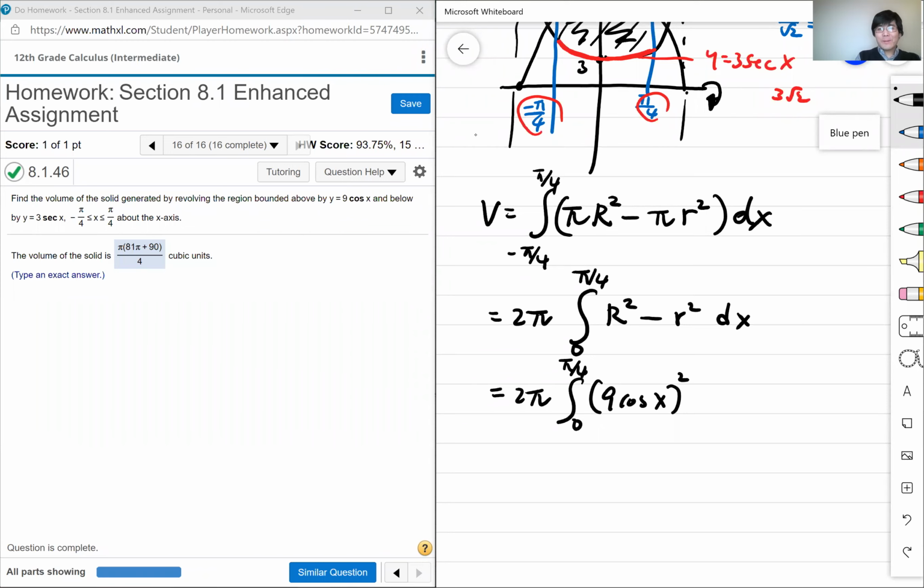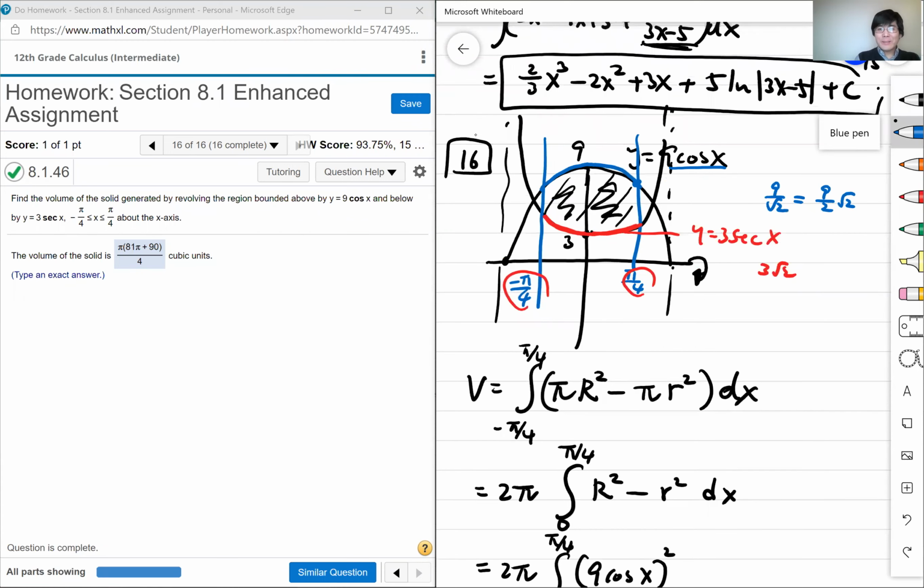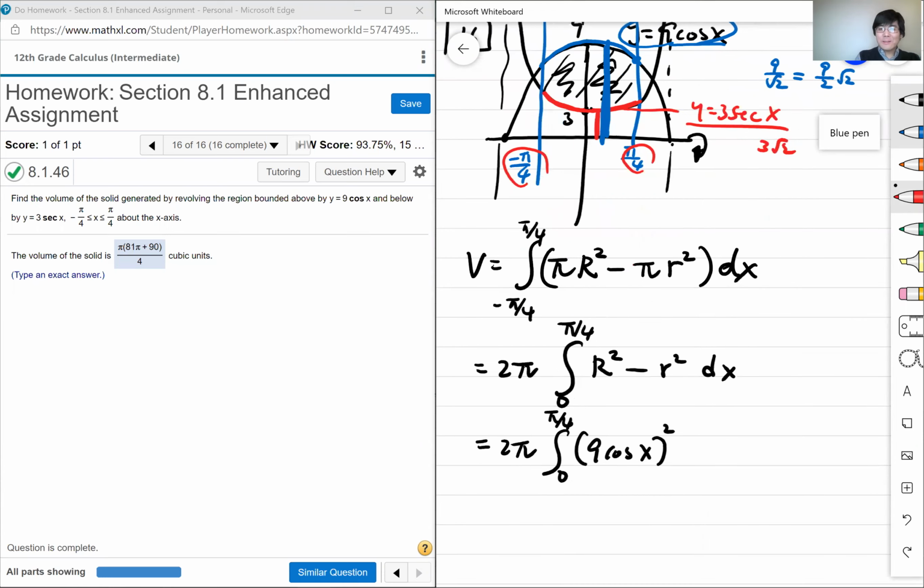Okay. The bigger radius is this length. That's the y value for this curve. And the little radius is the y value for this function, so that's going to be 3 secant x.